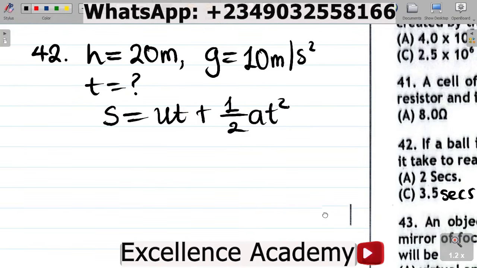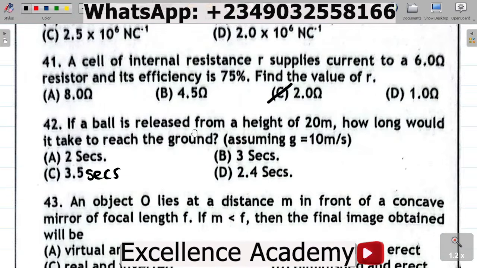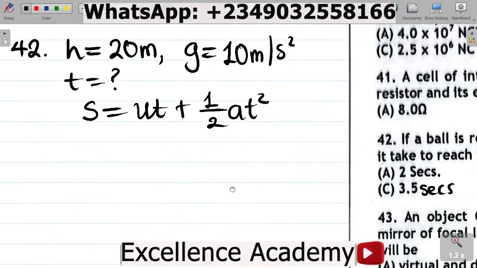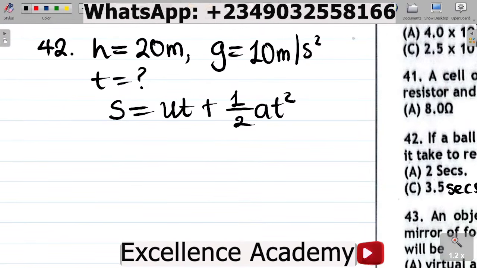It is free fall because if you look at the question, they said a ball is released from a height. So basically, let's say you have a ball here being released from a height, it is falling vertically downwards. And when a ball is moving vertically downwards or vertically upwards, we use the free fall concept. And in free fall, s is equal to h.